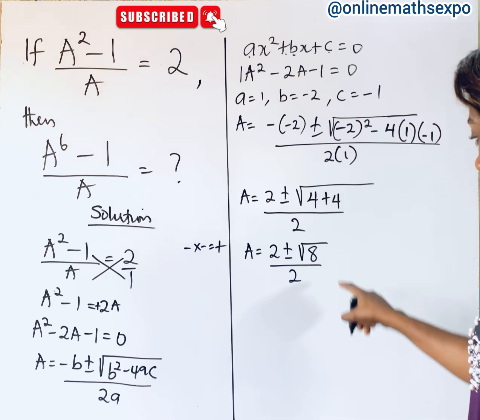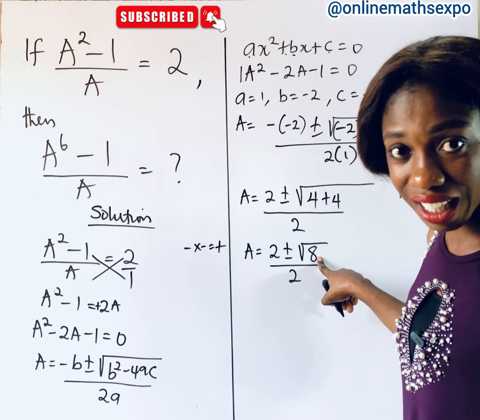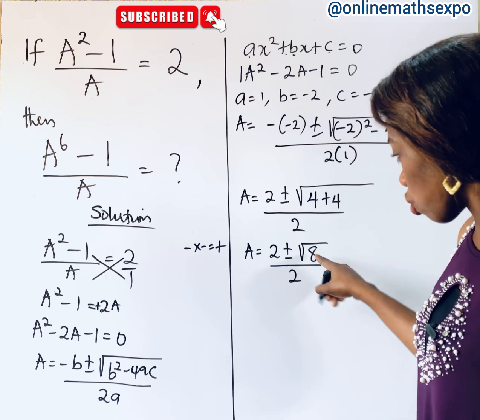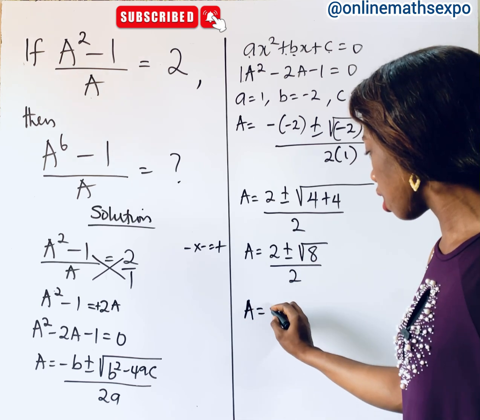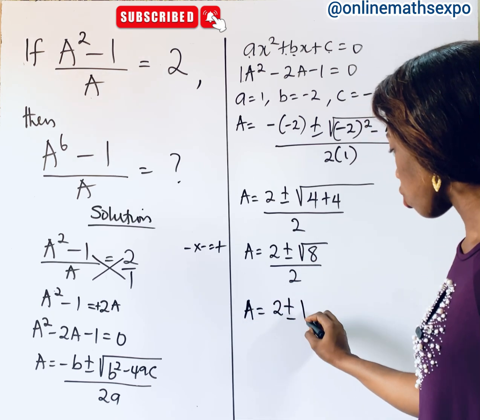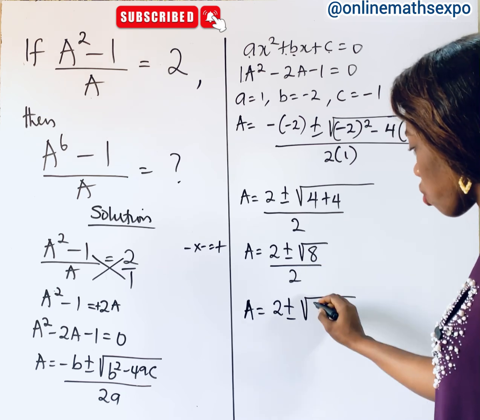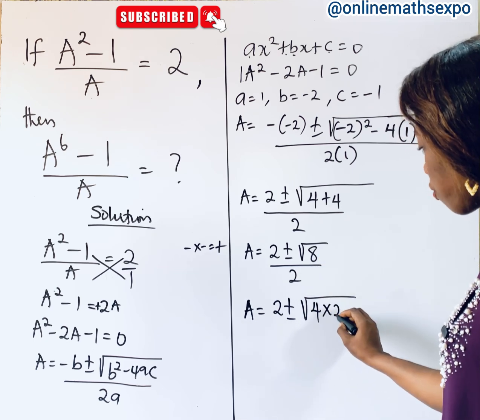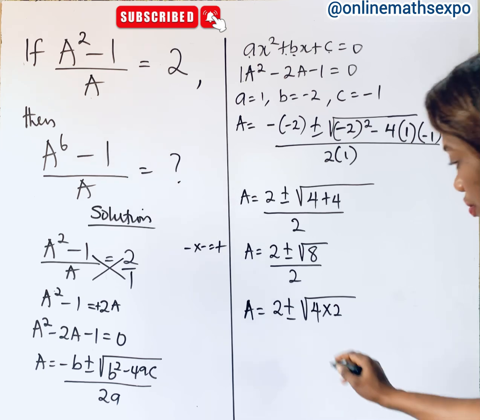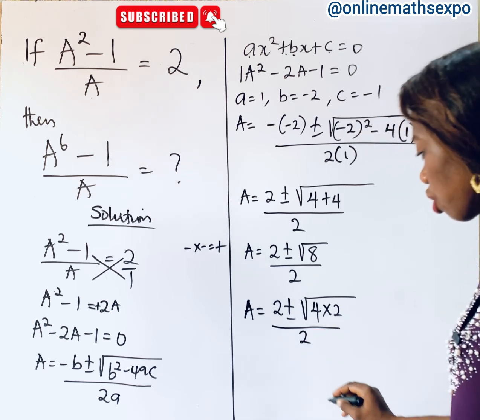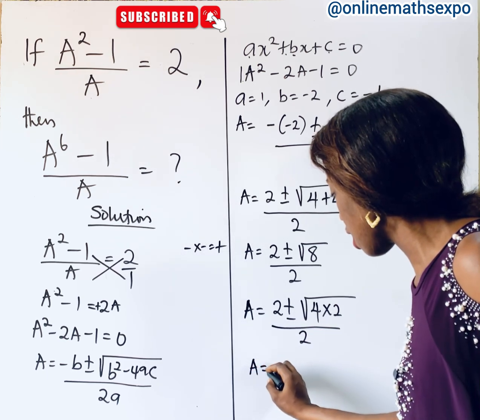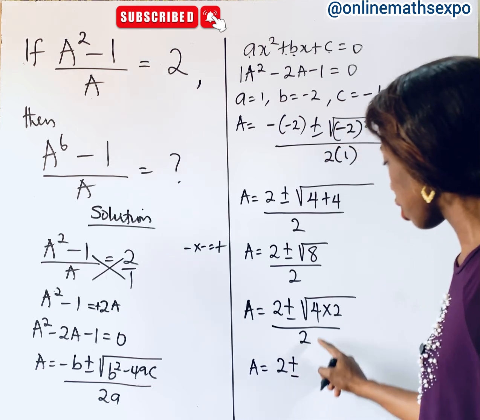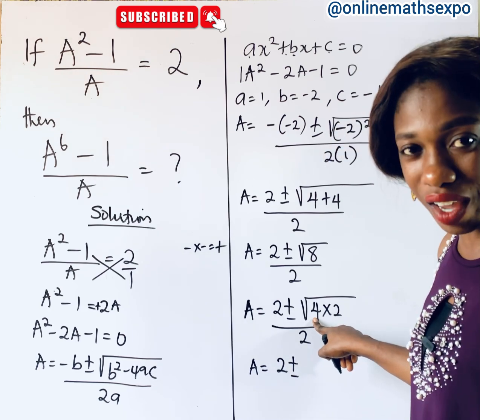So what do we do? There is a perfect square in 8, and that is 4. So we're going to bring it out. So we have a is equal to 2 plus or minus square root of 4 times 2, which gives you 8, and this is all over 2. So we can now say that a is 2 plus or minus the square root of 4, which is a perfect square, and its square root is 2.